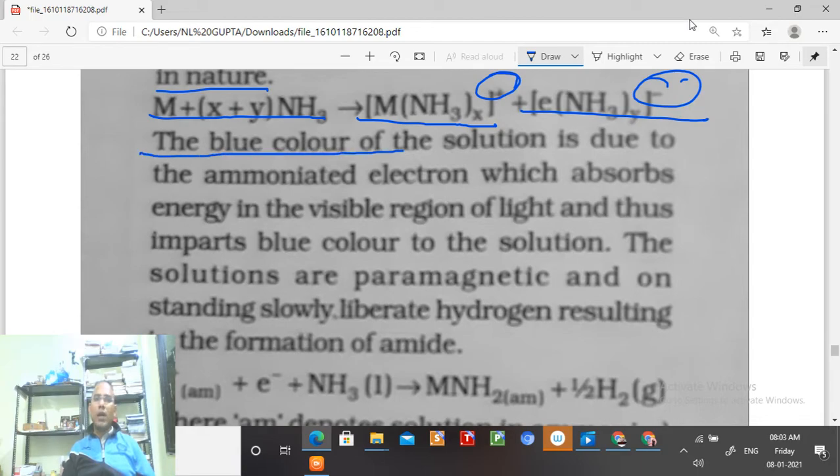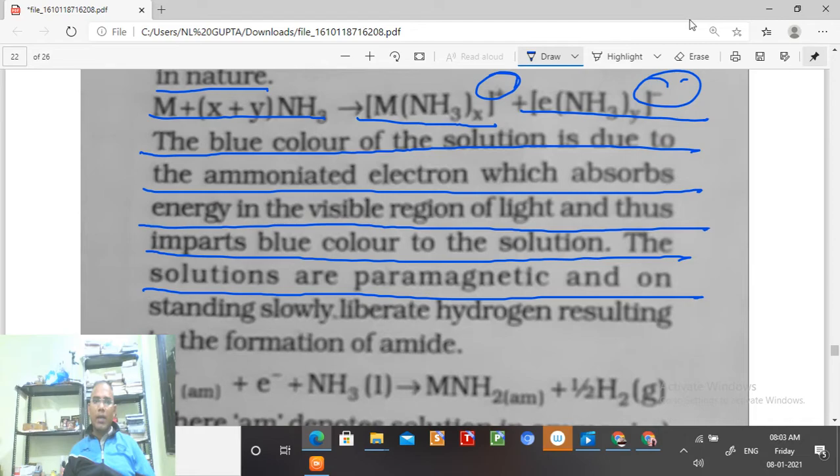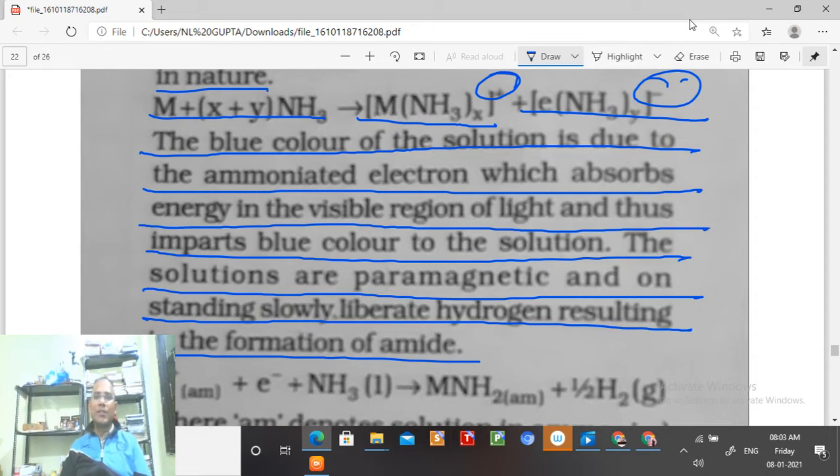The blue color of the solution is due to the ammoniated electron, which absorbs energy in the visible region of light and thus imparts the blue color to the solution. The solutions are paramagnetic and on standing slowly liberate hydrogen, resulting in the formation of amide. What is the meaning of all this, students?